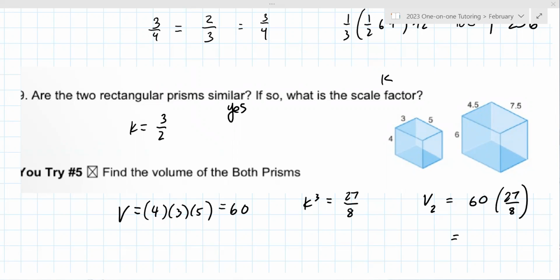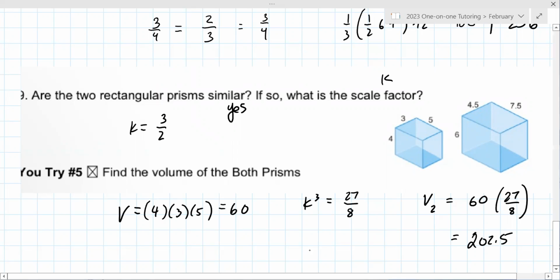Yeah, it'd be 202.5 cubed. 202.5. Yes. Okay, so now is that the same as 6 times 4.5 times 7.5?